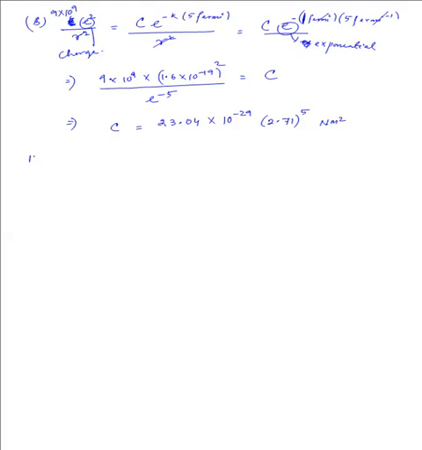So the 17th one has four charges, 2 microcoulomb each, and they are fixed at four corners of a square of side 5 centimeters in distance.